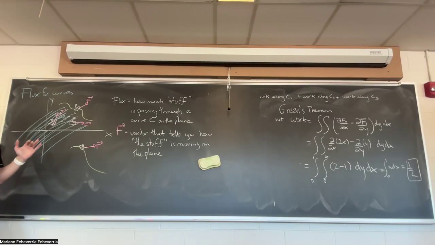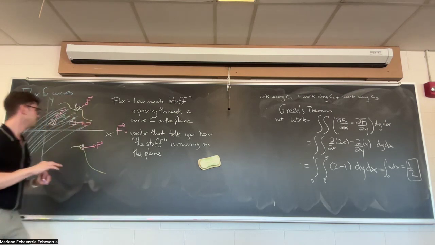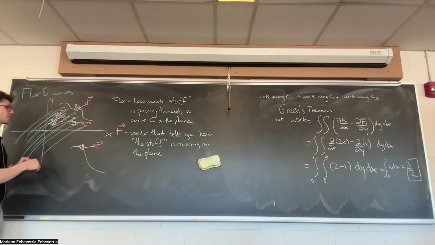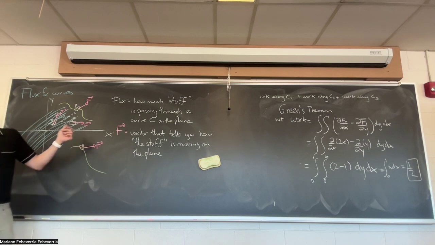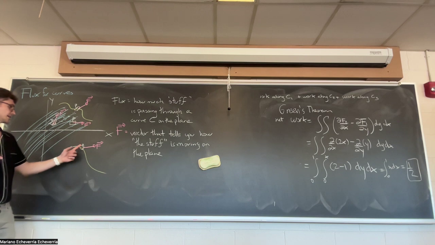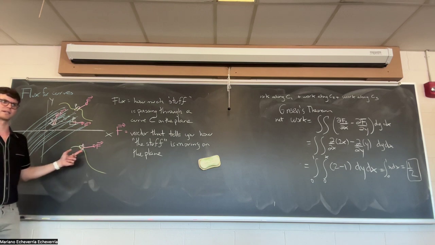Now the idea is that in order to pass through the curve, this is the part that's a little bit hard to explain. If you think about this as a velocity vector, you don't need to know all the information about this velocity vector. What really matters is the component of the vector that's perpendicular to the curve, if that makes sense.